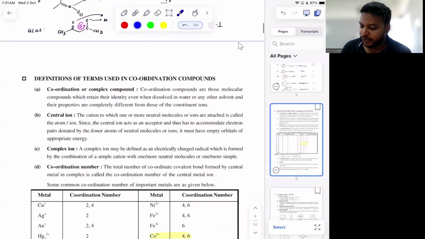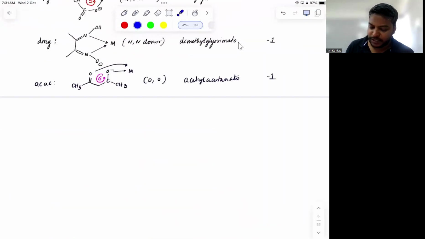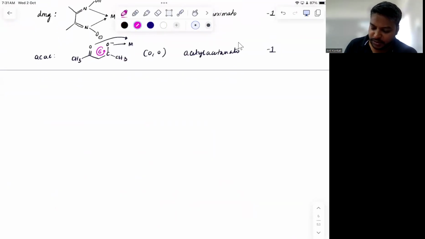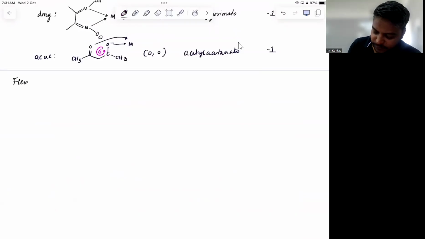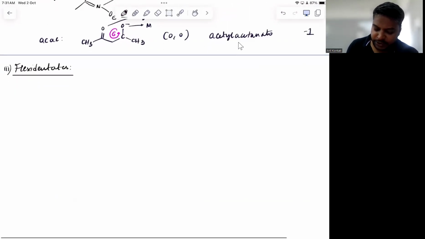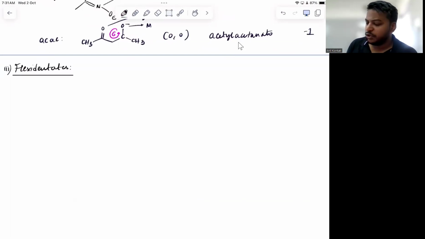Now, a few more things we need to know. Apart from that, we use something called flexidentates. Flexidentate is another classification where we can have a connection from two ends, if they are in a smaller chain, or we can have it from one end. Suppose you have carbonate, double bond O, O- and O-. Metal is there.